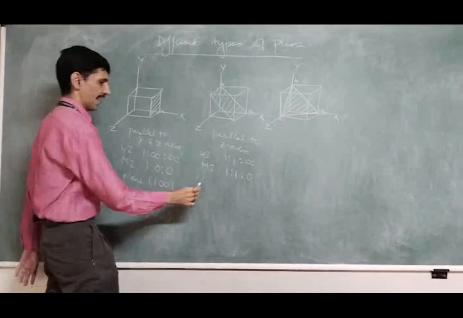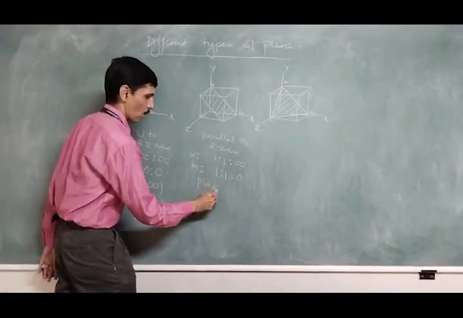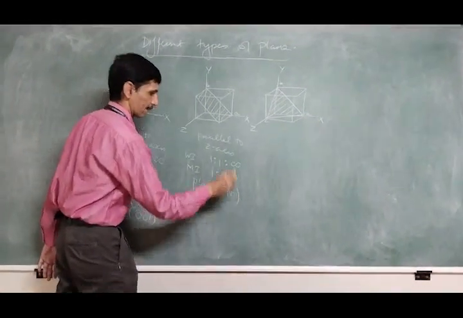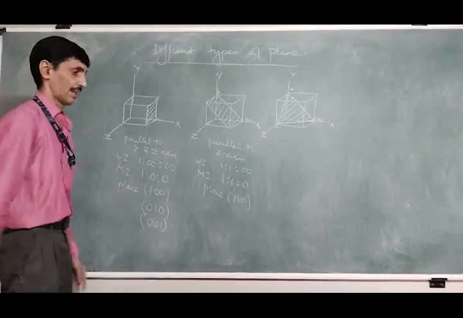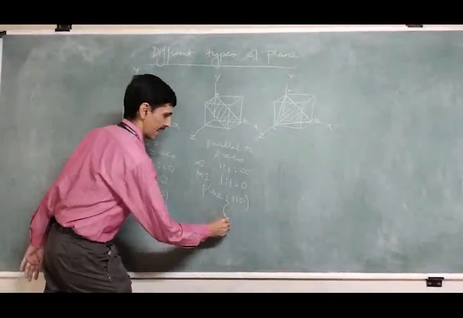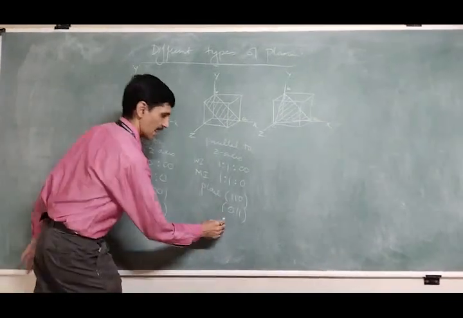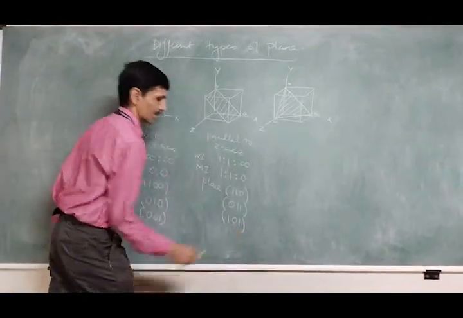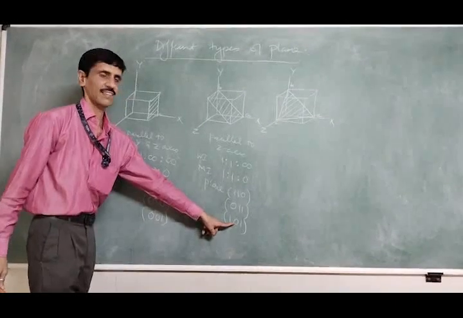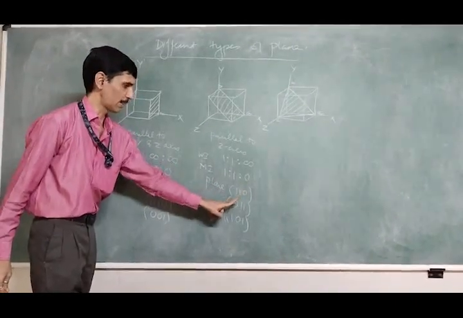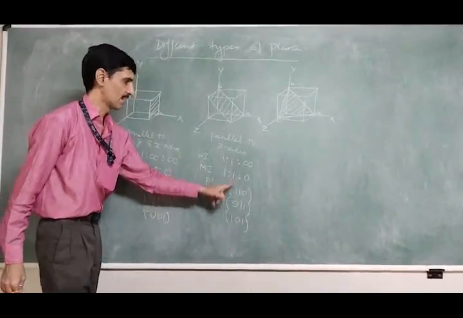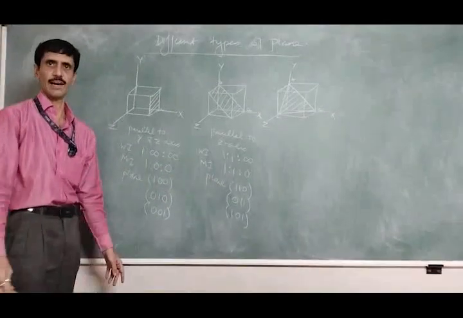Okay, so this is called the 1, 1, 0 plane. Now I get some combinations. I can have 0, 1, 1, so it is parallel to the x-axis. I have 1, 0, 1, so it is parallel to the y-axis. So this is parallel to the z-axis, parallel to the x-axis, parallel to the y-axis. So these are the three possibilities that we have.